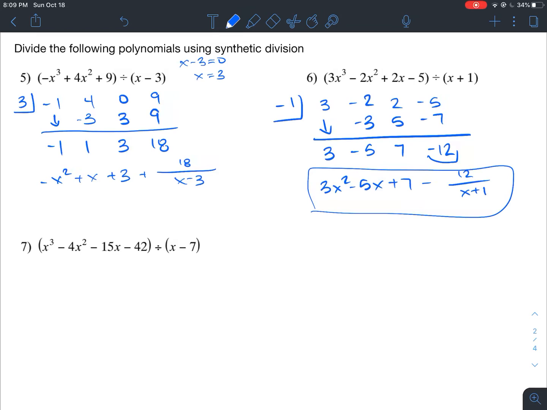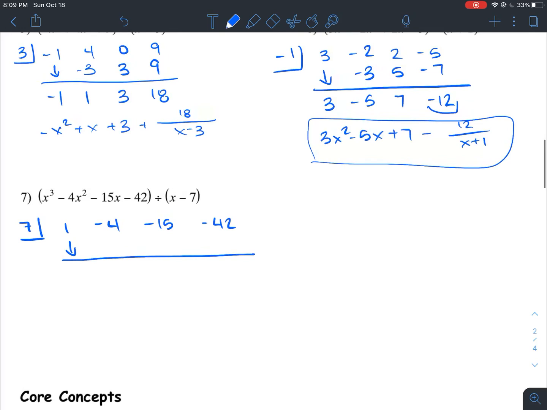So for number 7, if this is -7 here, then we're going to put 7 up here. Now write the coefficients. So we have 1, -4, -15, -42. Drop the number here.